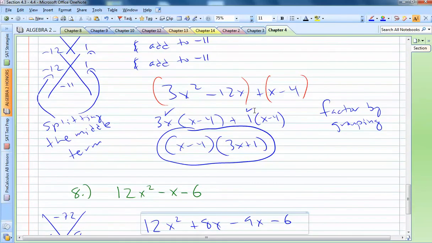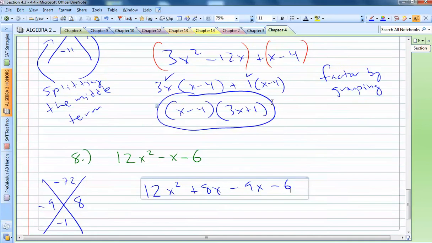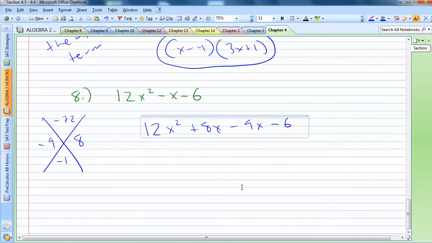It doesn't really matter which one you put first. Like here I did negative 12x first and x second. But if you do it the way I just did it right now for number 8, when you factor by grouping, you got to be careful and make that plus negative 9x instead of minus 9x. Because if you didn't do that, let me backtrack a little bit. If you didn't do that and just put parentheses, now you're saying you got negative 9x plus 6.